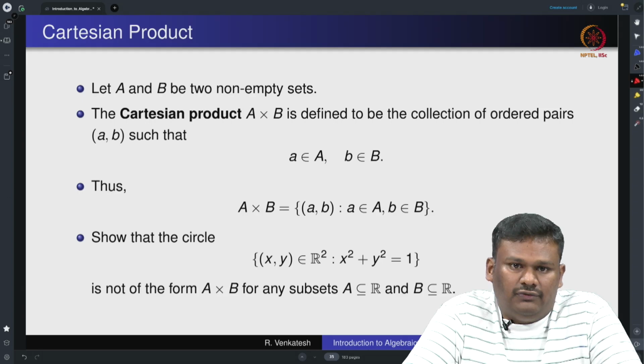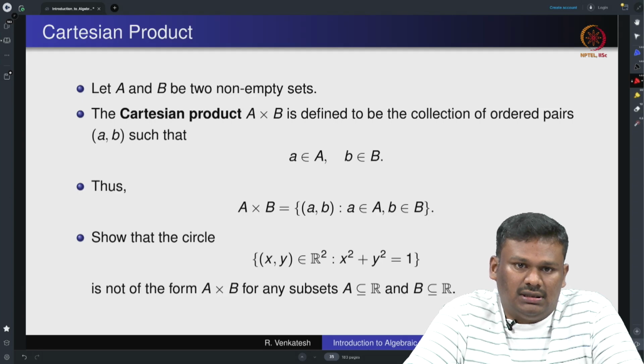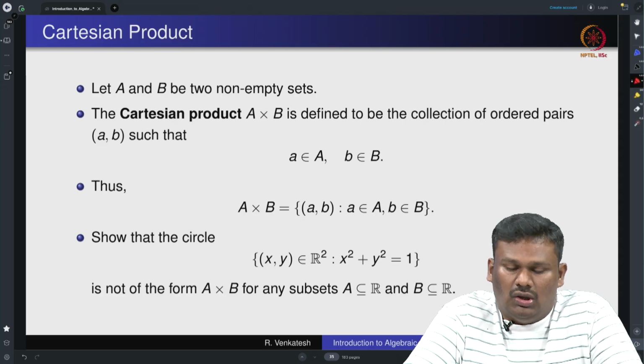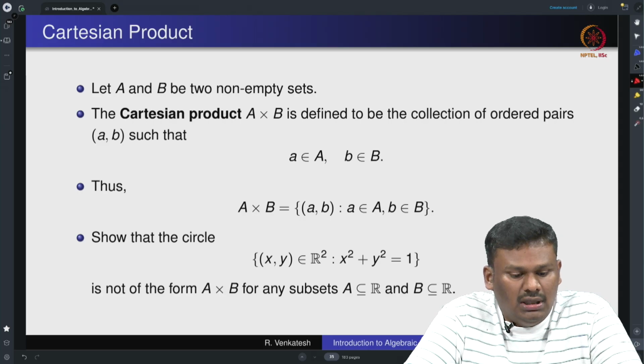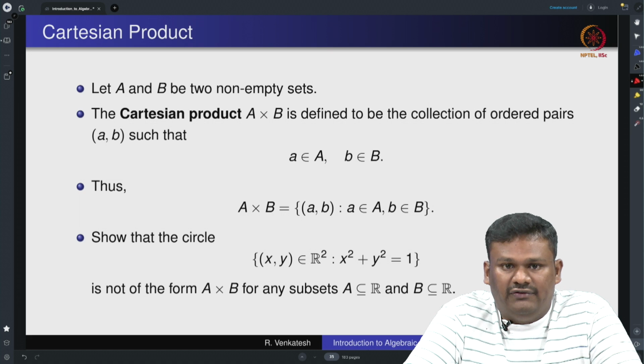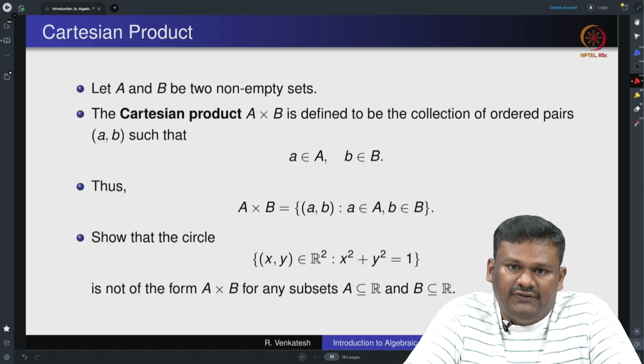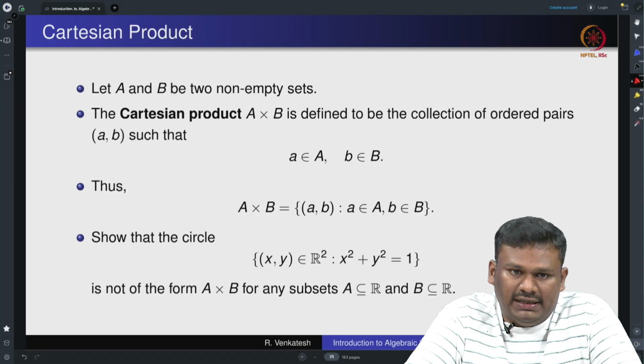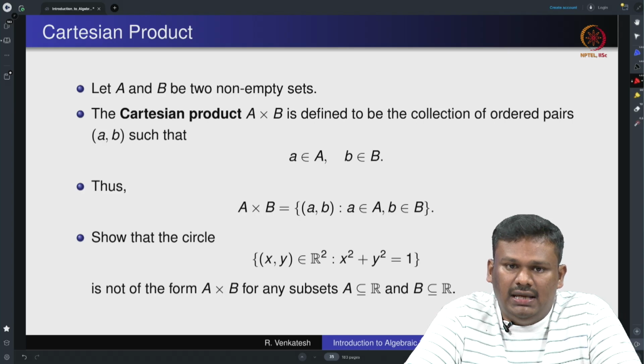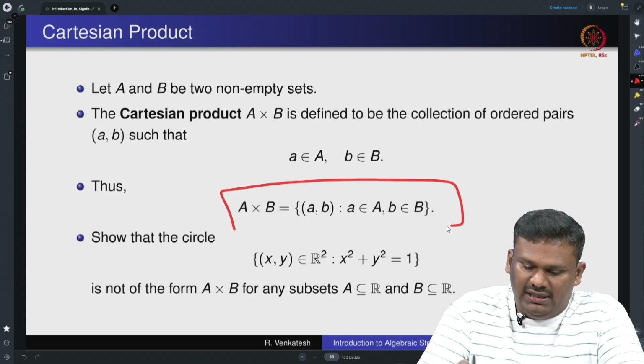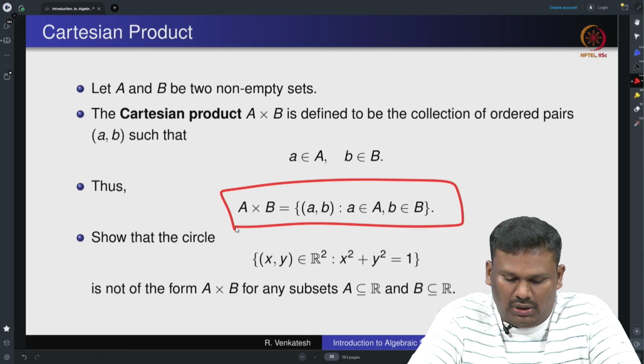So, now if two non-empty sets are there, calling them A and B, then the Cartesian product of A and B is denoted as A times B, and it is defined to be the collection of ordered pairs. We usually write it as (a, b), such that a is in A and b is in B. So, this is how one actually defines the Cartesian product.